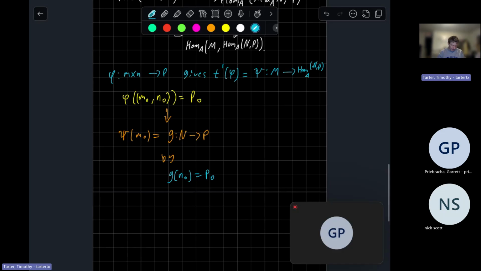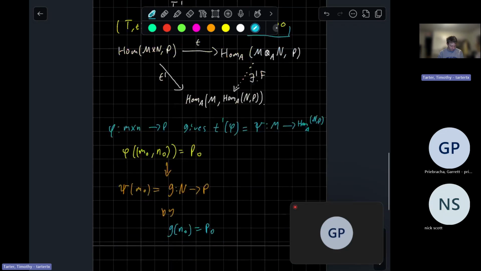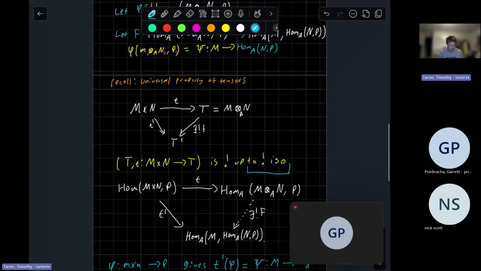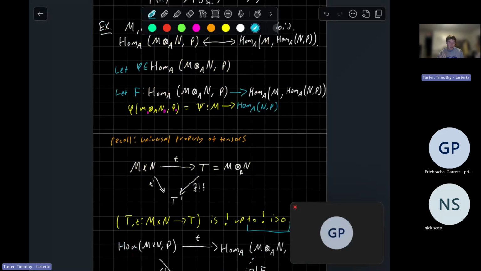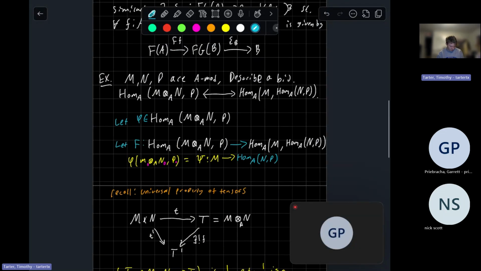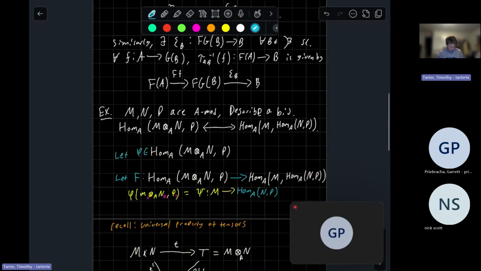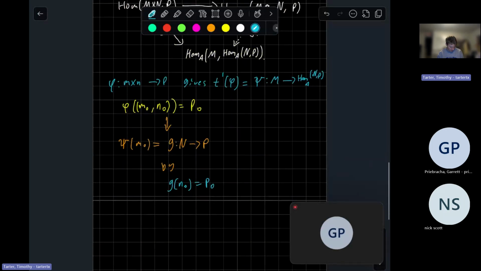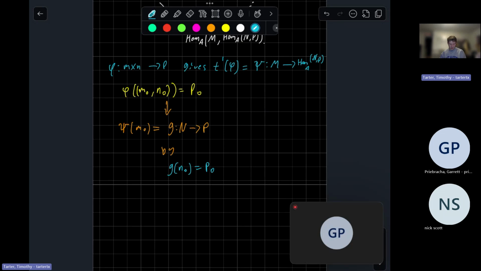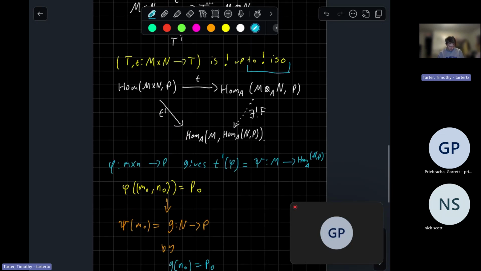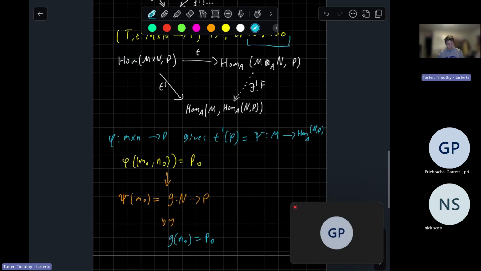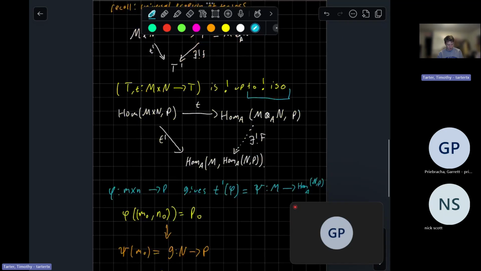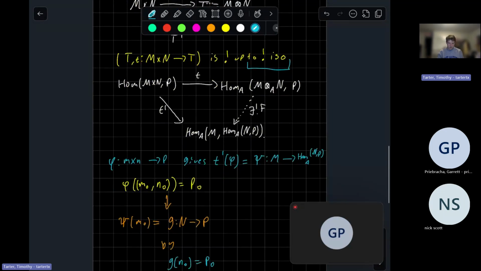I mean, it's a headache. Don't get me wrong, functor categories suck, but they're very useful. But they suck to work with sometimes. Yeah. And so basically, we're given that this will factor by universal property of tensors through this thing.